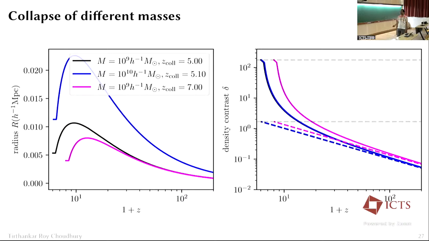Further interesting thing is, if I just solve the linear density equations, okay, without worrying about the spherical collapse, it turns out that for that system, when the collapse occurs, the linear density contrast also has the same value irrespective of the initial conditions.